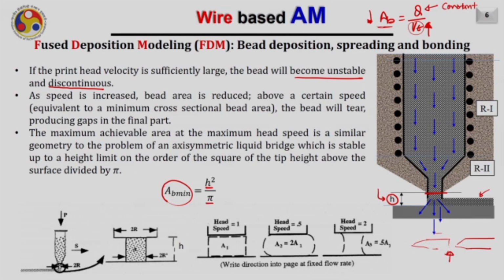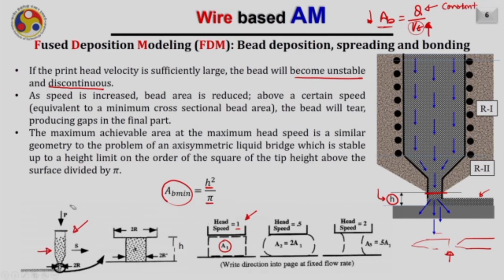What happens if, for example, you are moving with a speed equal to 1, this is the critical value, 1 I am writing if it is the critical value. In that case, the area will be A1, and what you are seeing here is a cross section, right? If you observe this particular diagram first, you can see we are moving in this direction.